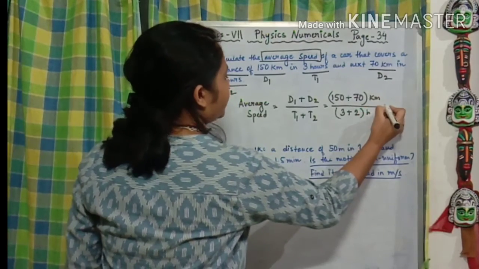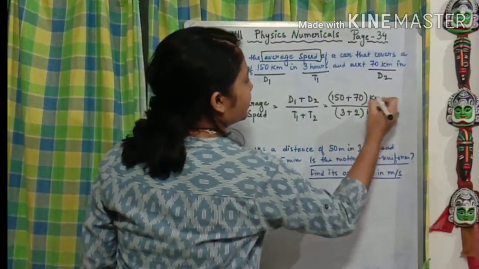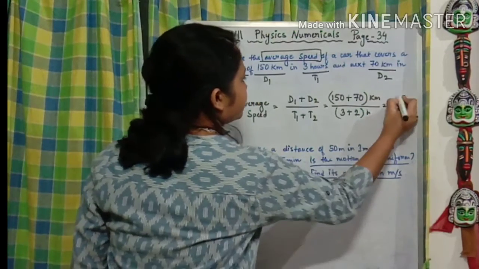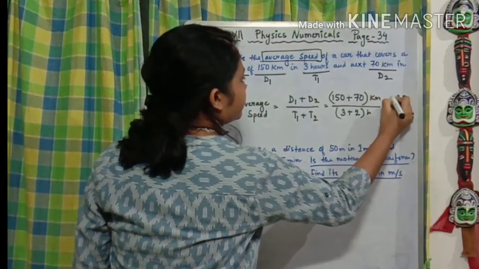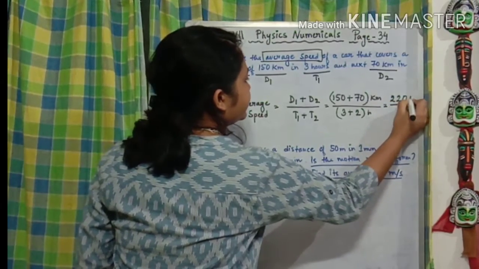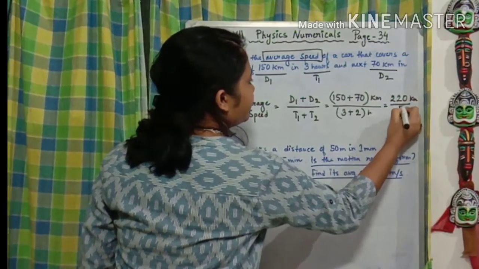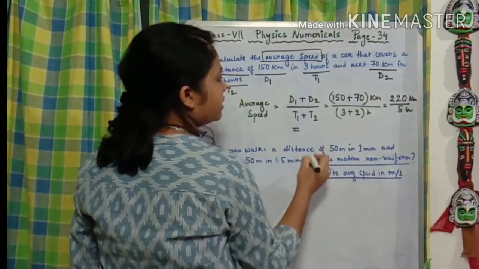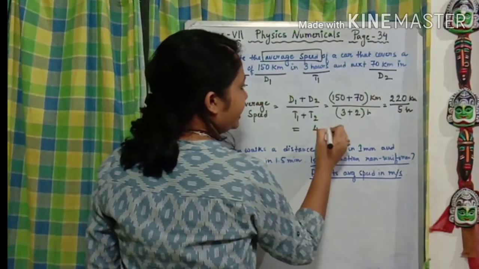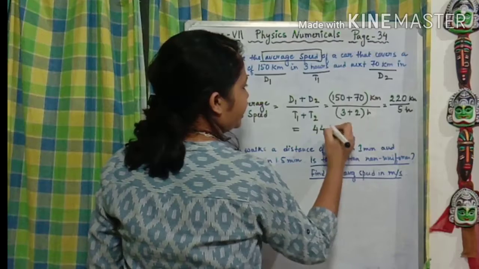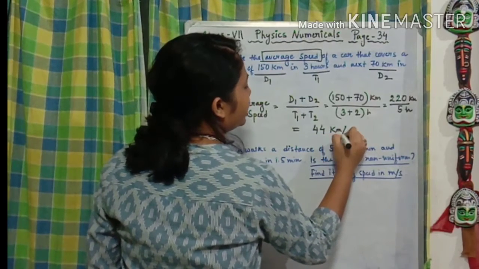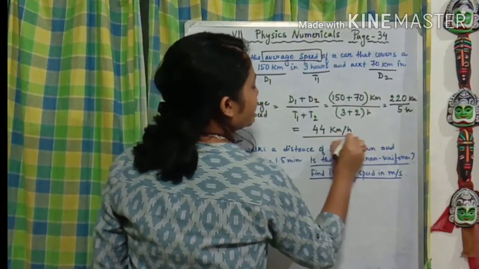Now after doing the addition, we get 220 km divided by 5 hours. So what is going to be our answer? 5 4s are 20 and 5 4s are 20 once again. So here the average speed is 44 km per hour.